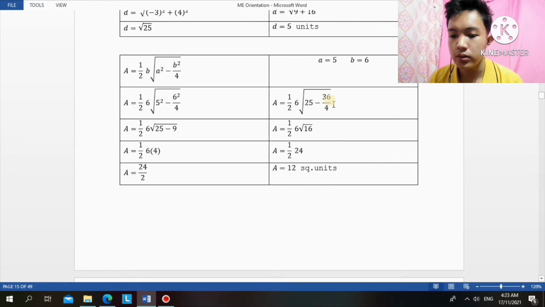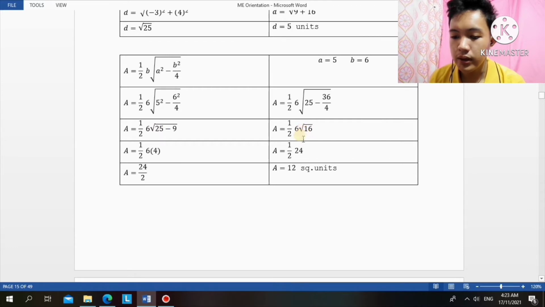over 4. So 5 raised to 2 is equal to 25. Then 6 raised to 2 is equal to 36. So our equation will be area is equal to 1 half times 6 times the square root of 25 minus 36 over 4. So 36 over 4 is equal to 9, and 25 minus 9 is equal to 16.